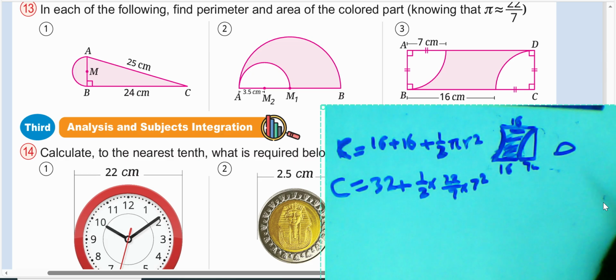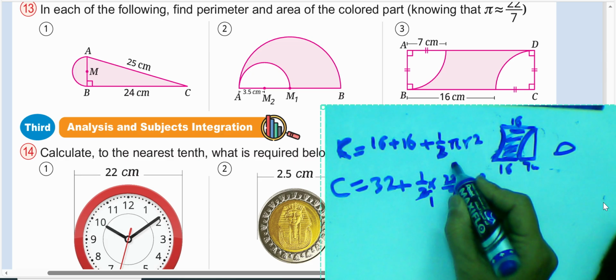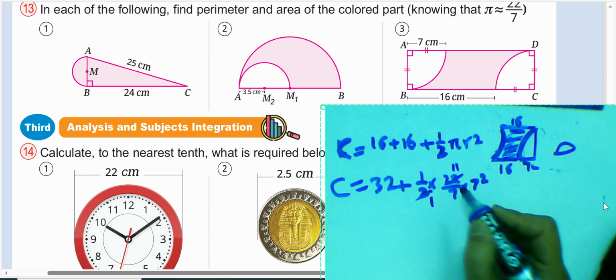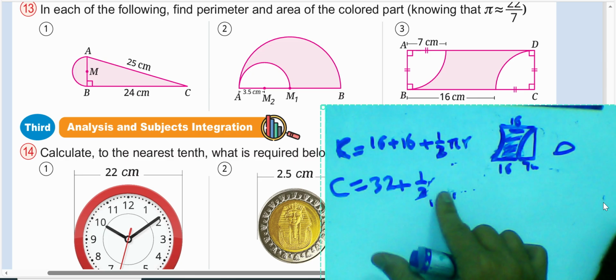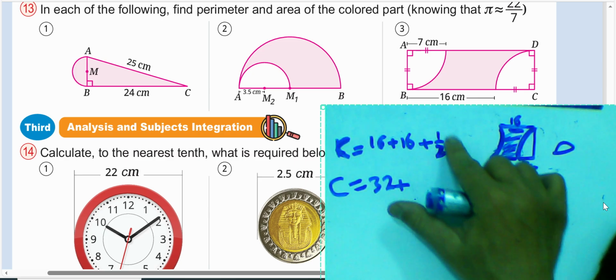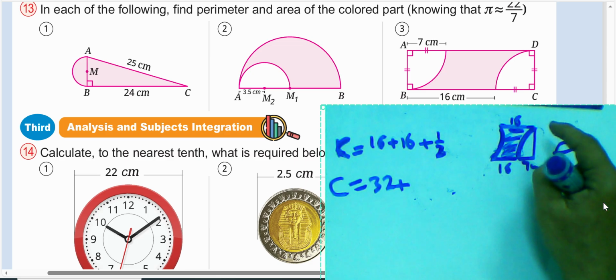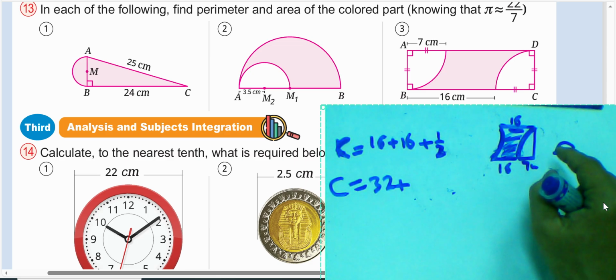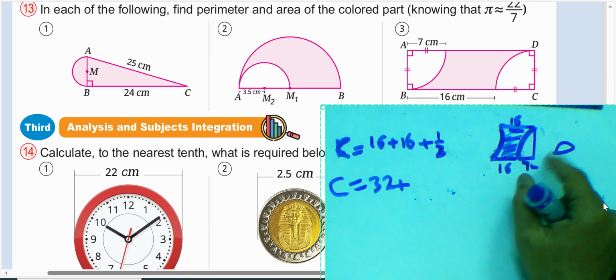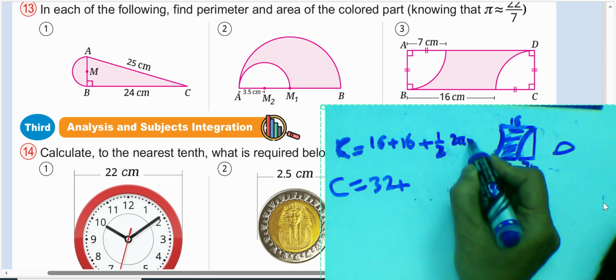We can simplify here, divided by 2. This is not area, we found circumference. This curve and this curve are half of the circle. The circumference of the circle equals 2 by r.